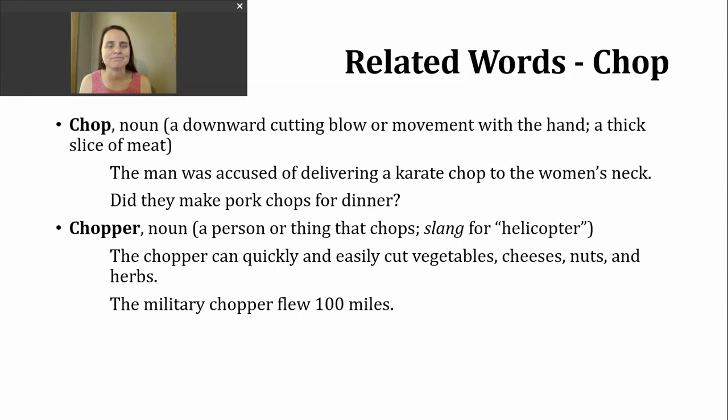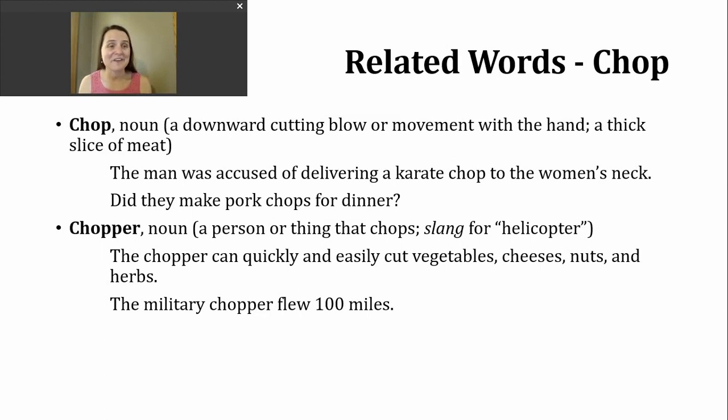The next related word we're going to look at is chopper. Okay? The first meaning for it could be a person or thing that chops. So you might think of some appliances or tools that people have in their kitchen to make the process of chopping vegetables easier.